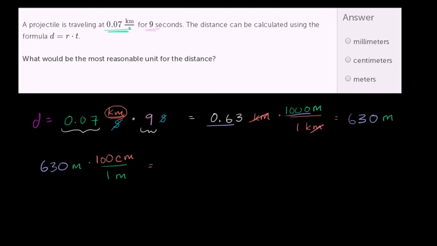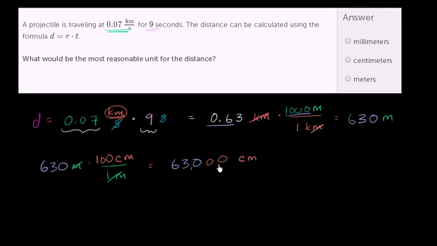So meters cancel out. 630 times 100 is going to be 630 with 2 more zeros. So it's going to be 63,000 centimeters. Now we're starting to get to numbers that are a little bit harder to visualize.